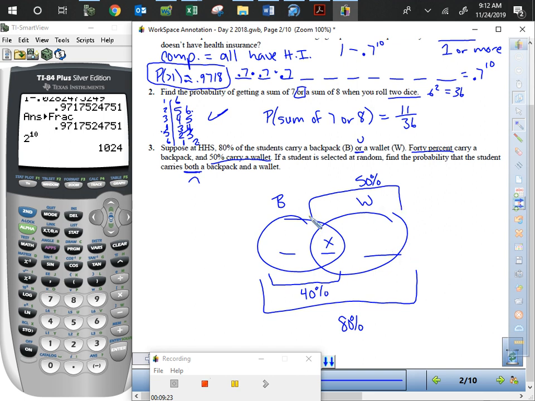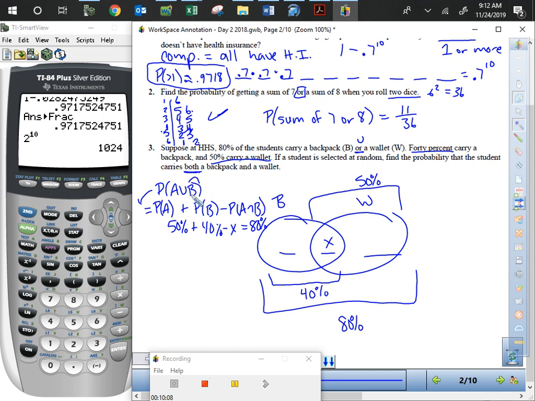So what we're saying is 50% plus 40% minus this thing we count twice should equal 80%. And that's actually what your note card says. The probability of A plus the probability of B minus anything you count twice, the intersection, should be equal to the union.